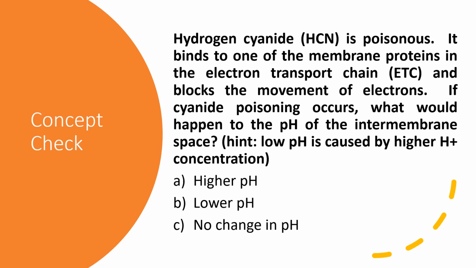Don't just memorize high pH, because on the test, I might not be asking you about the intermembrane space. I might be asking you about the matrix. What will happen to the pH in the matrix if you block the ETC? Well, if you block the ETC, the H+ did not go over. The H+ stays here. More H+ in the matrix means lower pH. Think that through, please.